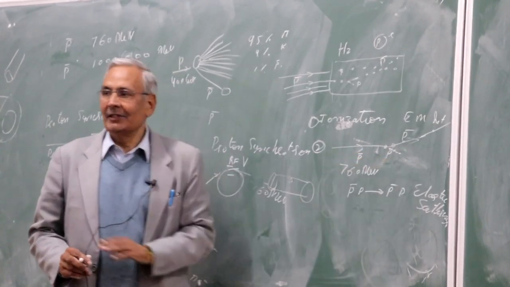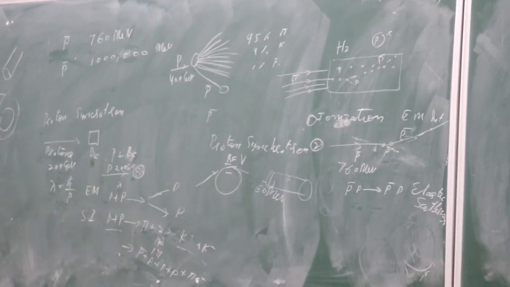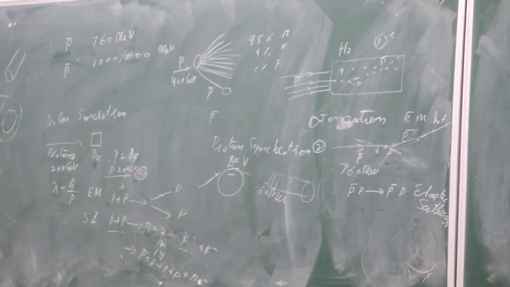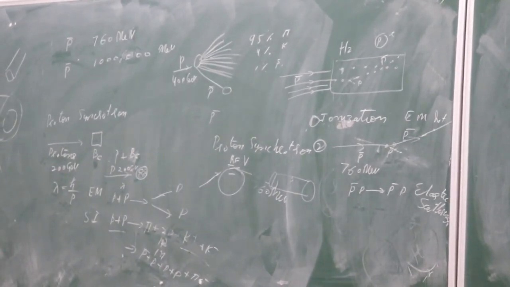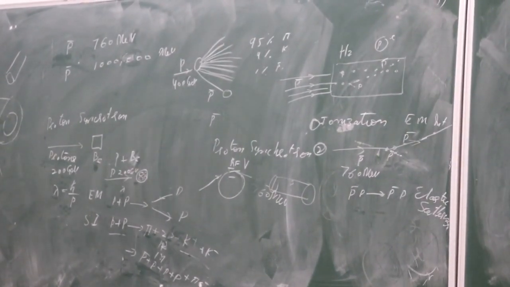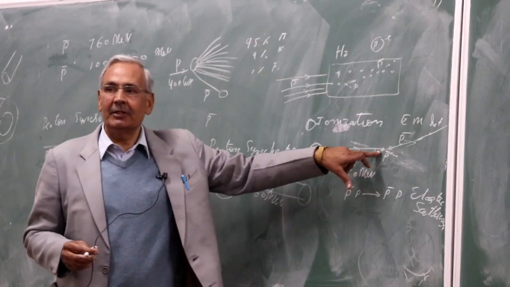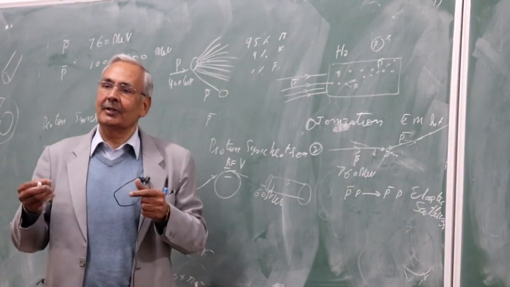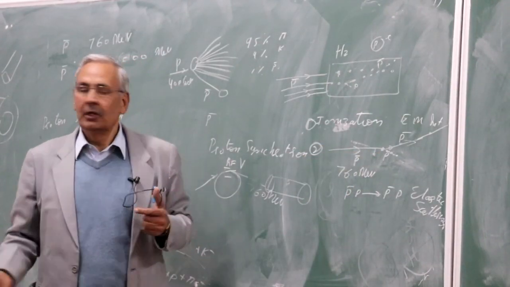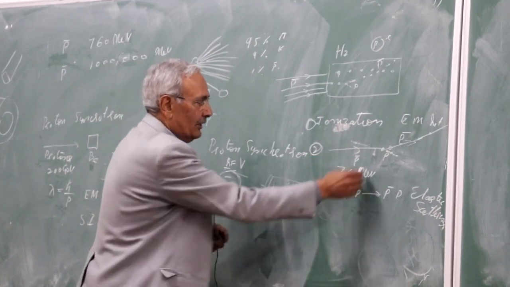No new particle is created. One ball is hitting a stationary ball and both are getting scattered, one with large momentum, the other with smaller momentum. If a strong hard interaction takes place, then both balls can have the same momenta. So this is your elastic scattering.